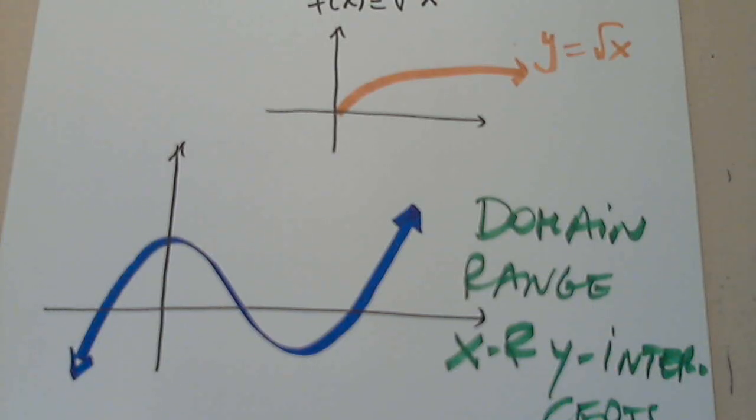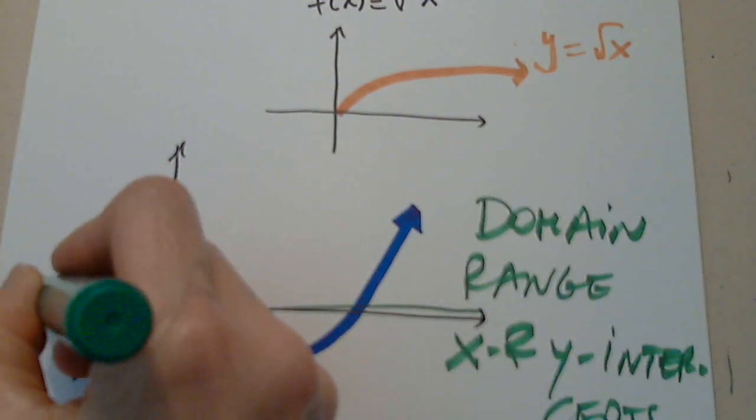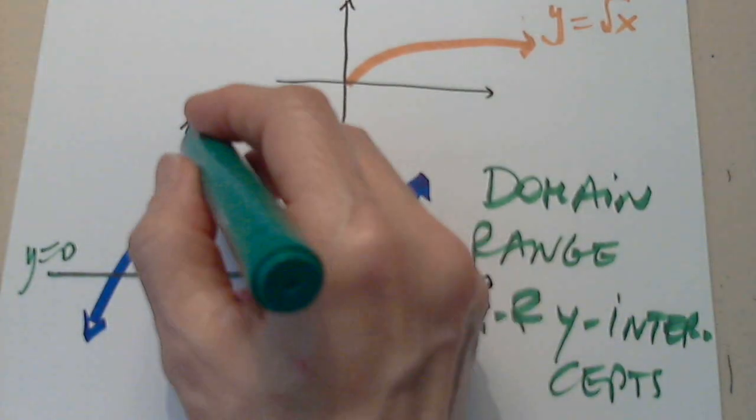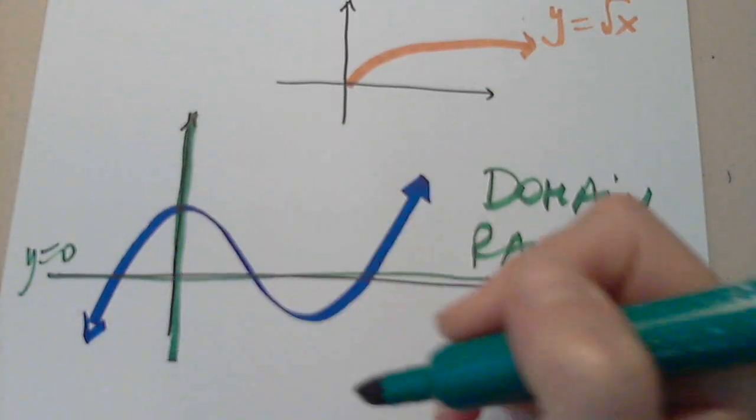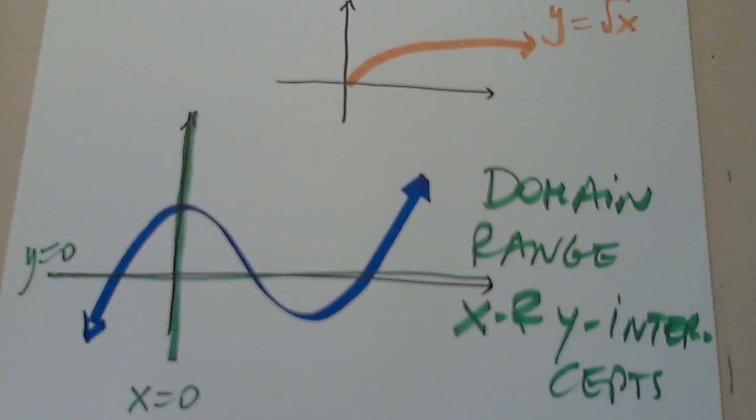We know from a long time ago that the equation of the x-axis is y equals 0. We know from a long time ago, when we graphed very simple functions, linear functions, that the equation of the y-axis is x equals 0. So then where are the x-intercepts?